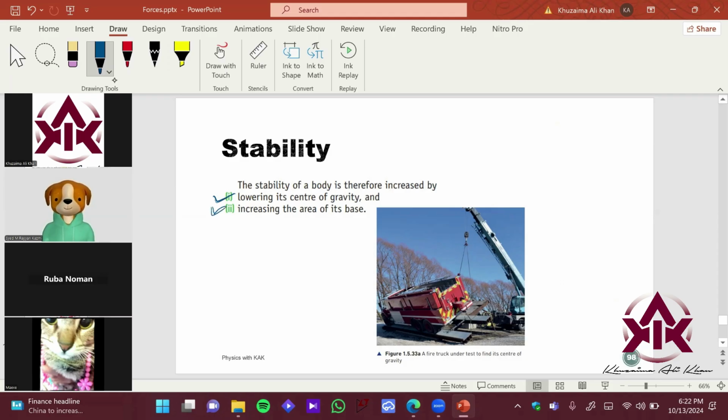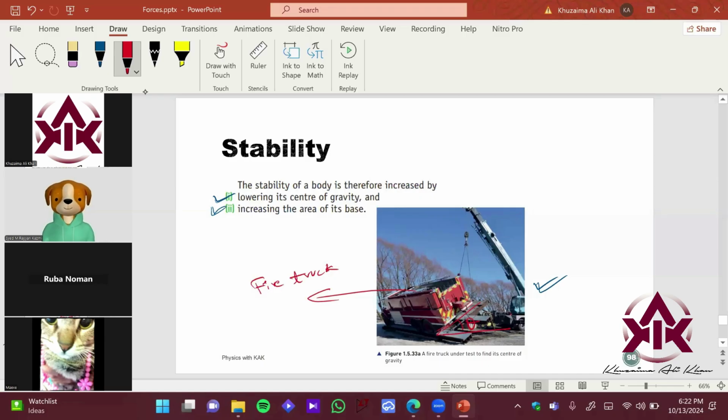Okay, so now on this particular diagram you can see there is a fire truck over here, and they are lifting it by a particular angle, that is theta.